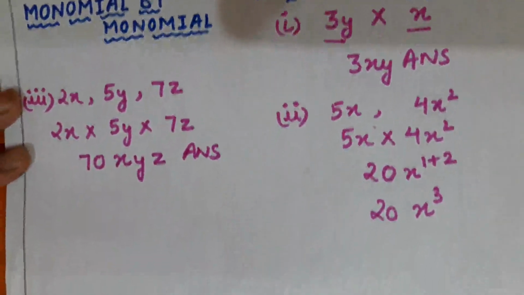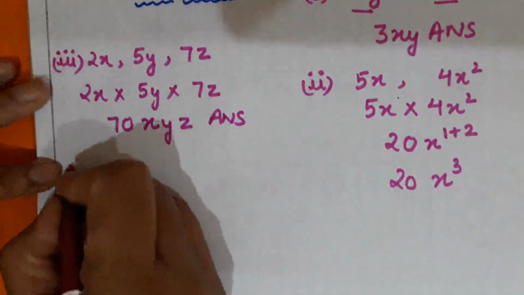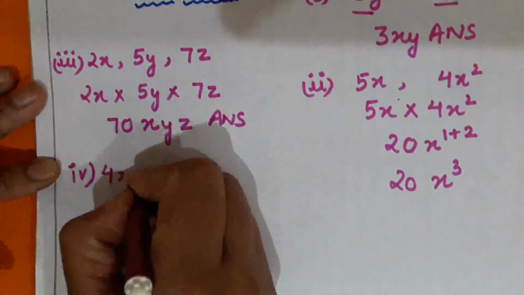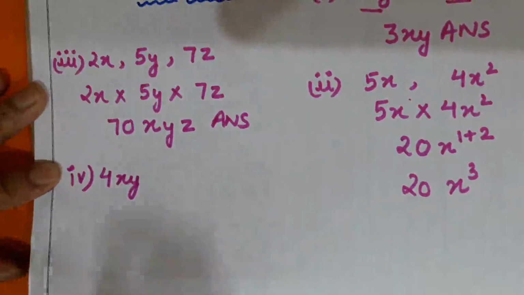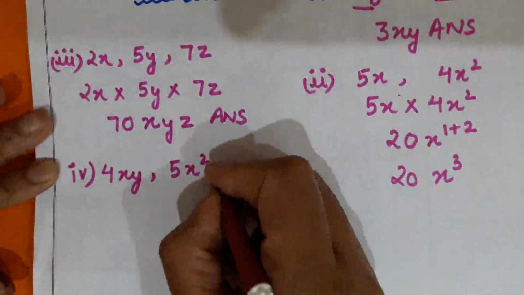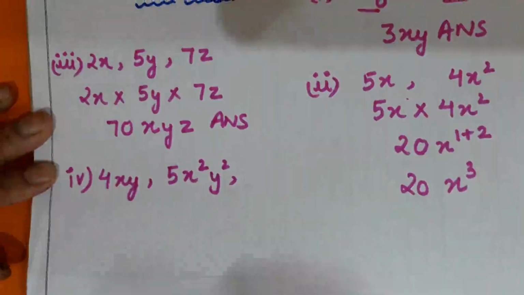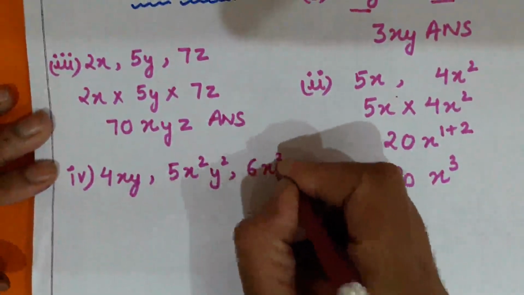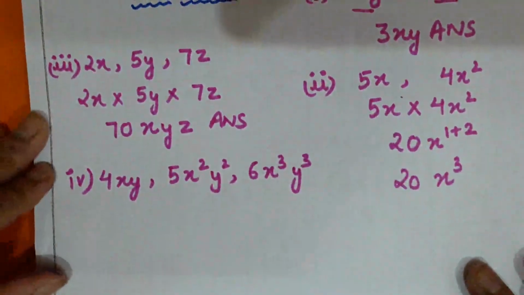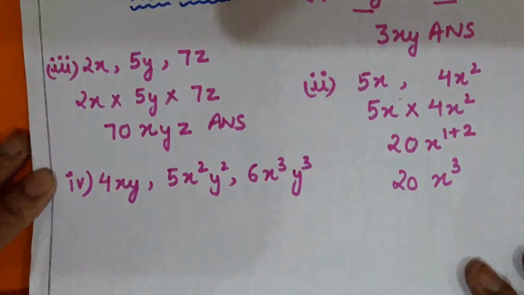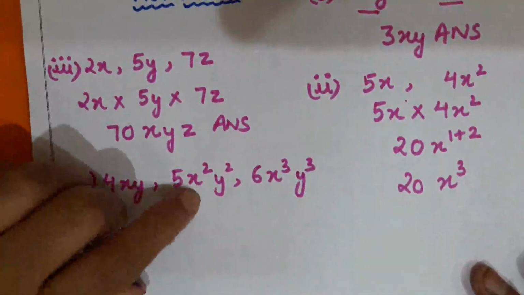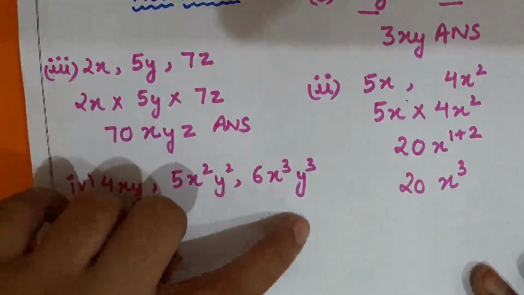Now let's see the fourth example. We have 4xy, 5x square y square, and 6x cube y cube. We have to multiply these monomials by monomials. 4 has variables xy, 5 has variables x square y square, and 6 has x cube y cube.